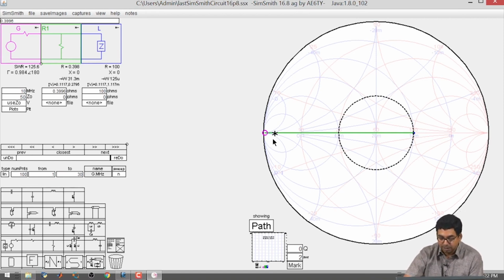So, the reflection coefficient goes to -1. So, in order to match it, I need to find the correct value of resistance to put. So, I keep increasing the value of resistance till I reach the center of the Smith chart.